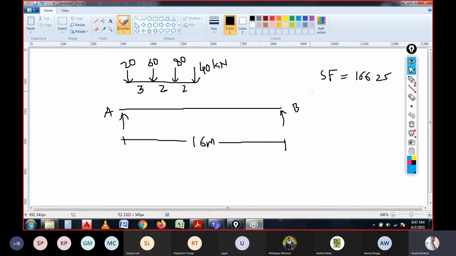And the bending moment is 651.52 kilonewton meter.